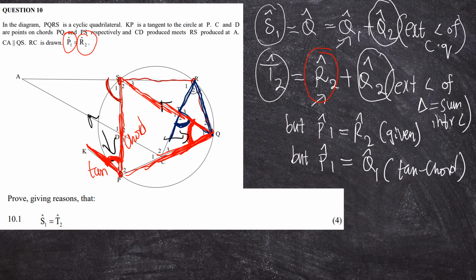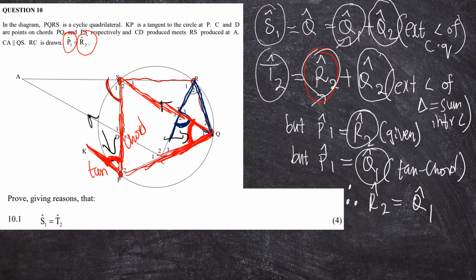Therefore, angle R2 is equal to angle Q1, which was what we wanted to prove, so that these two angles are equal. Why are we saying angle R2 is the same as Q1? It is because both of them are equal to angle P1. Therefore we can deduce that angle S1 will be the same.